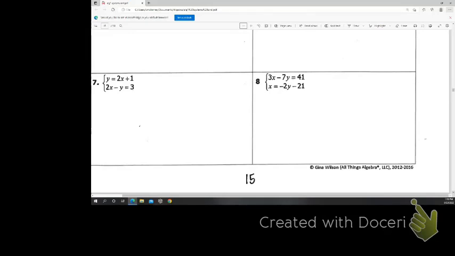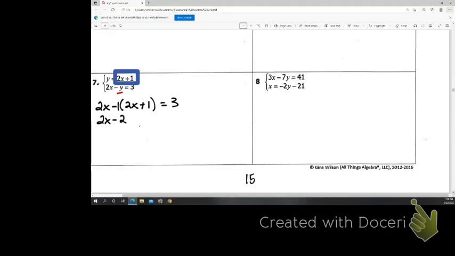So I need to put this in for the y. So 2x minus, still use some parentheses so that you minus the whole thing. So then I've got 2x, this is like distributing a -1.